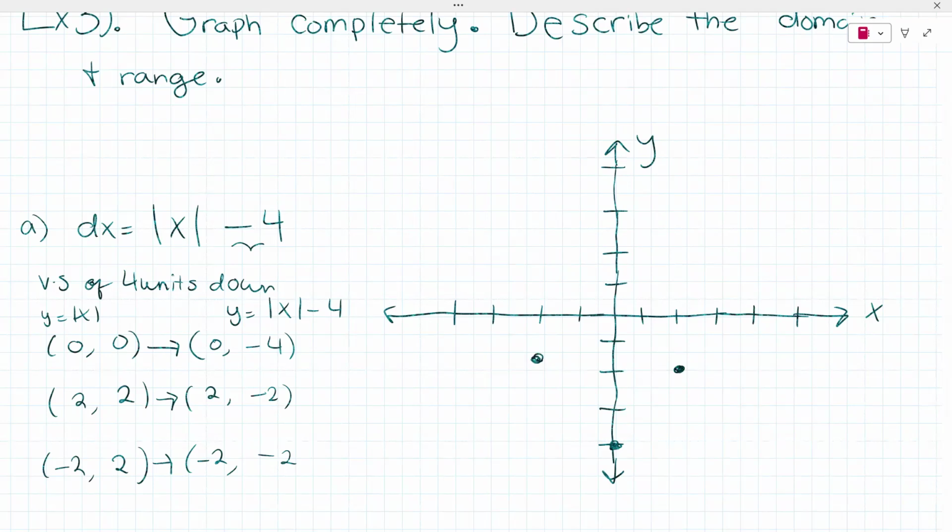As you can see, it makes that V shape. So if you connect these dots, and obviously you can use more than 3 points from the parent graph. You can use more than 3. I'm just using 3, for example.